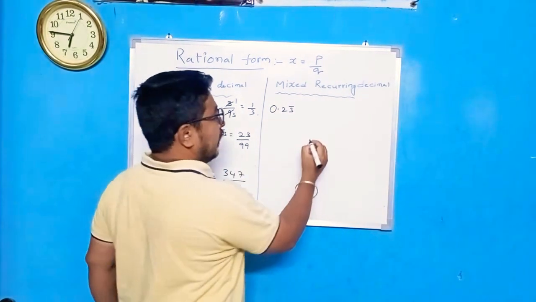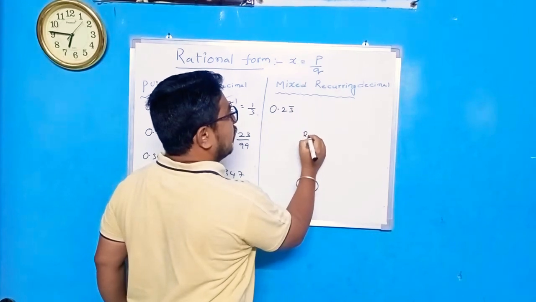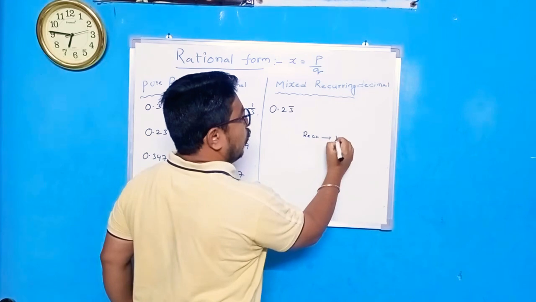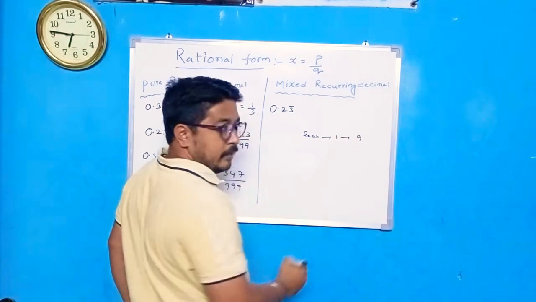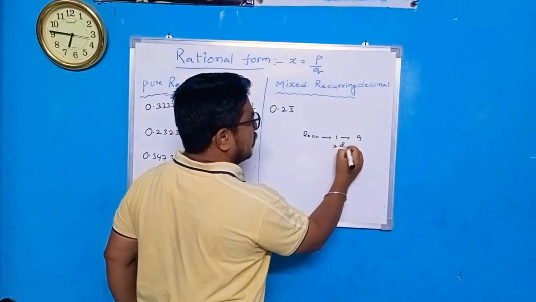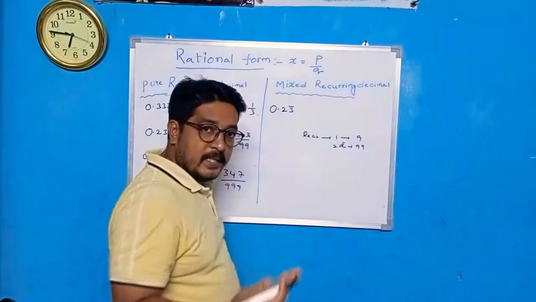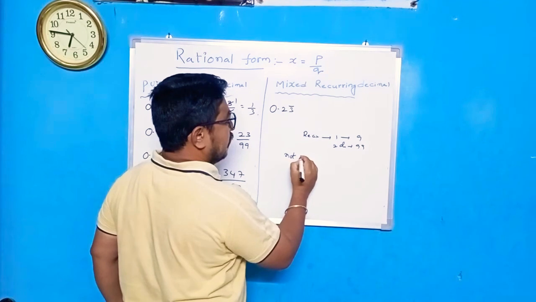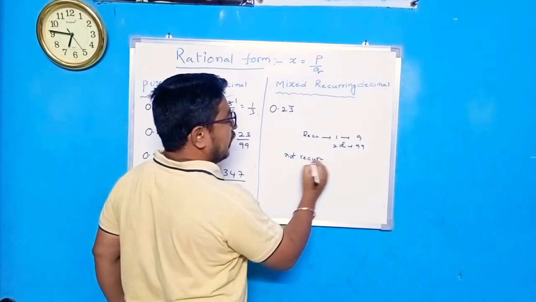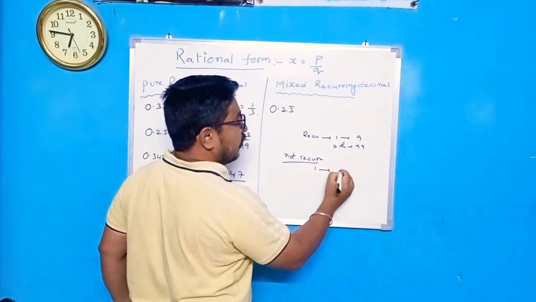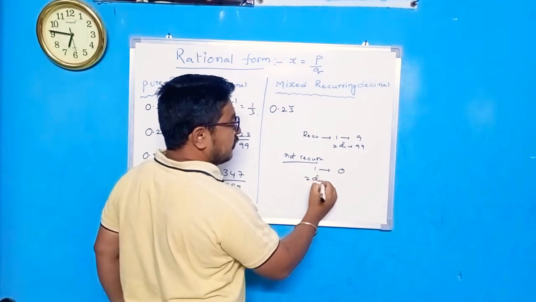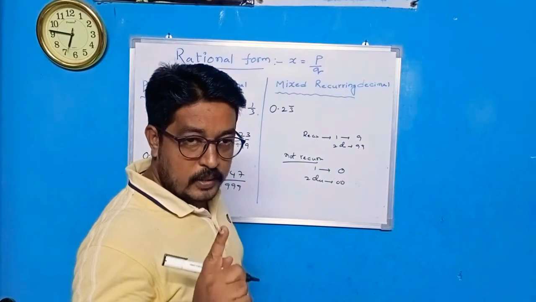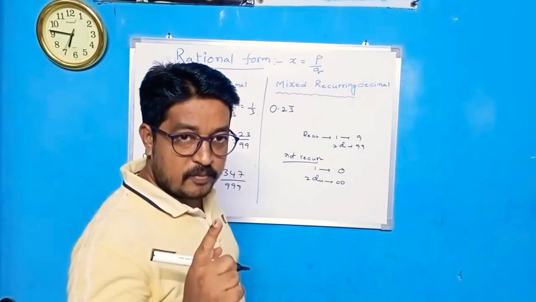My technique here: in the denominator, for recurring, one digit is recurring, so 1 nine. 2 digits are recurring, 2 nines. 3 digits are recurring, 3 nines. Next, for not recurring, one digit gets 1 zero, 2 digits get 2 zeros.